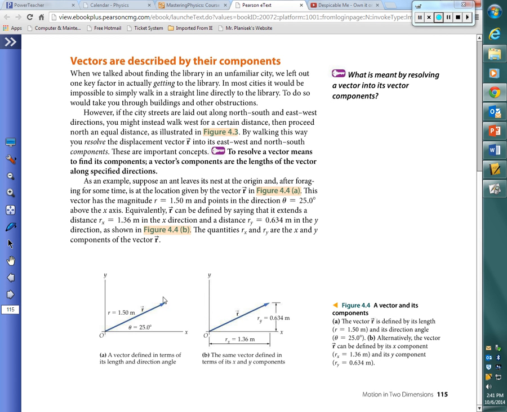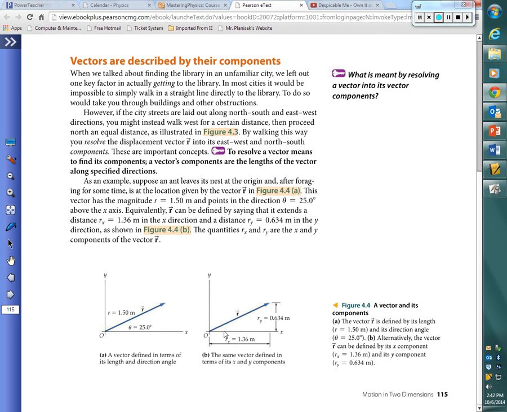A vector that ends up in the first quadrant of an xy axis has an x component, or a horizontal component, and a vertical component. Both of them are positive, right? Positive x, positive y. That good there? Here, picture B shows you those two components, right?